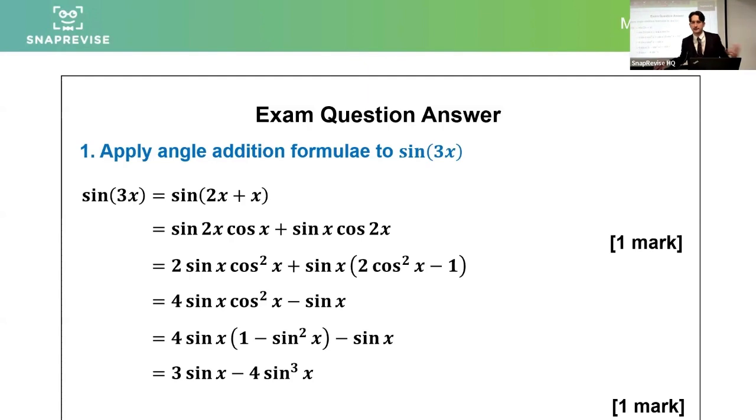And sine cubed x is still in terms of sine x, because it's sine x all cubed. Okay, so that is absolutely fine. So very well done if you got that. But do just make sure there was quite a few rounds of having to use both the double angle of sine and the double angle of cos there as well.